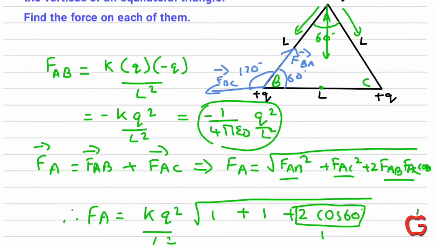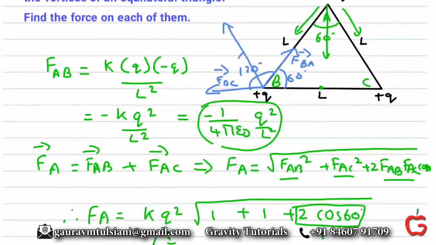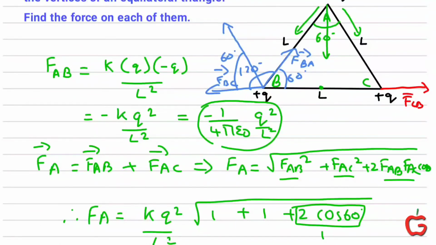Now the net force on B is obviously in this direction. Since the magnitude of both the forces is same, the direction of the force is here, making 60 degrees with this line. Same will be for C. The net force on C due to B will be towards the right. The force on C due to A will be attractive because they are opposite charges, so it will be in this direction.